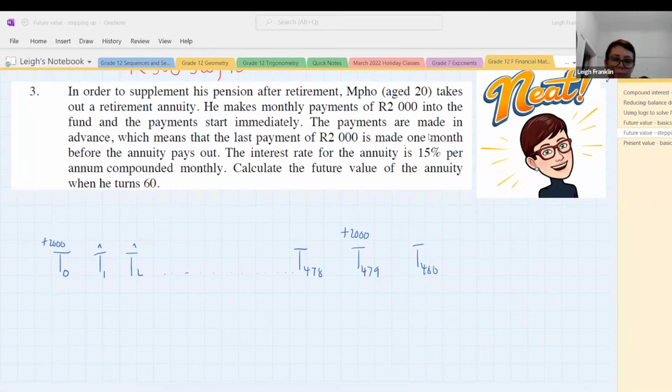Okay, so ask yourself this: if you start making a payment at T0 and you finish at T479, how many payments have you made?